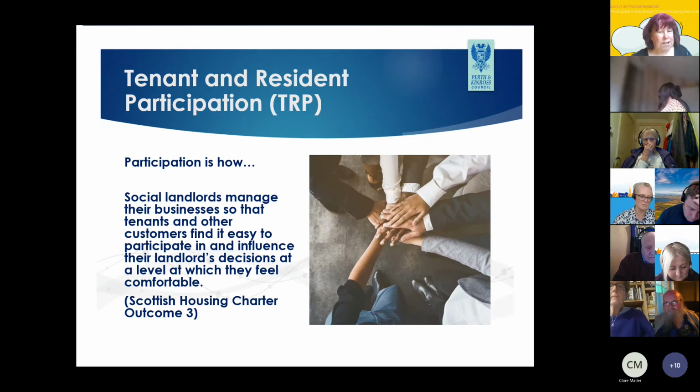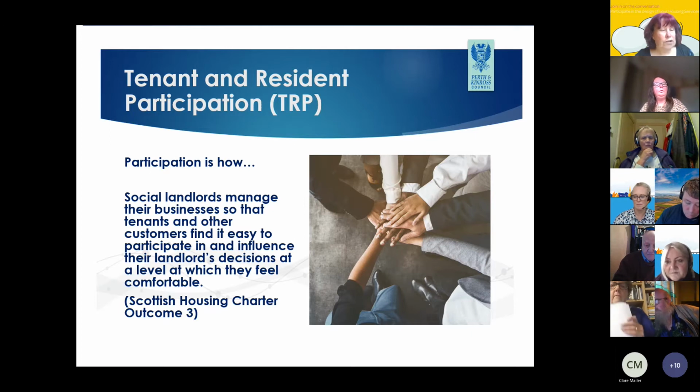I'm going to be looking down and up, so I do apologise. We think that tenant and resident participation aims to be representative of the needs and wants of Perth and Kinross tenants and service users.